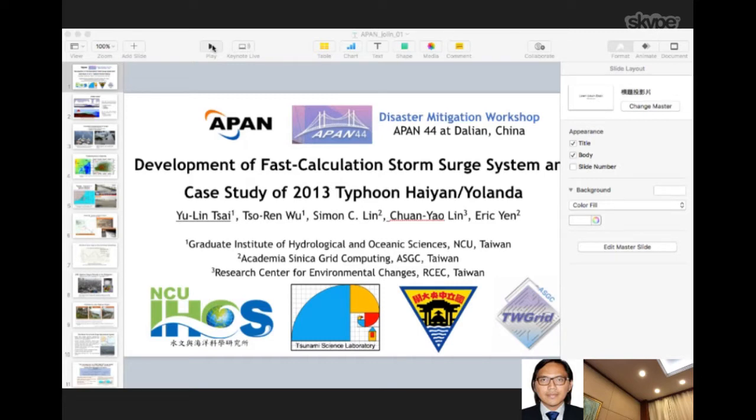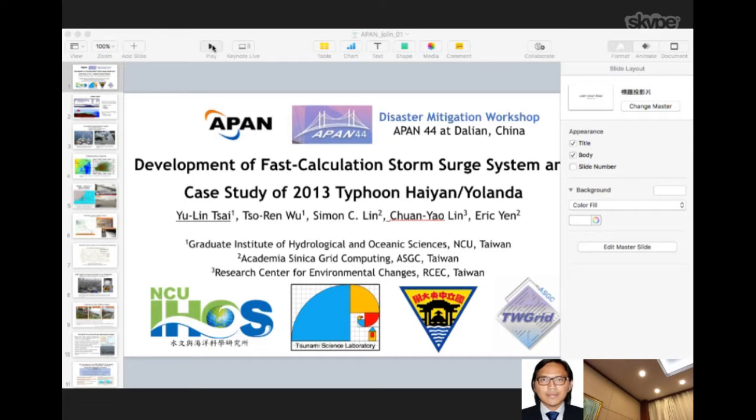In Taiwan or in China, we call the tropical cyclone a typhoon. Near the coast, you can see the sea level increasing because of the typhoon. This is the typhoon's effect. In the coastal regions, the water rises because of wind-driven surge and pressure surge, because the typhoon is a vortex. It causes abnormal water rising.